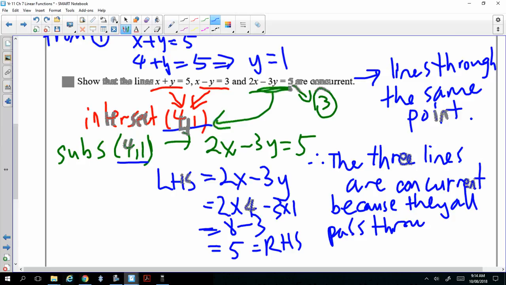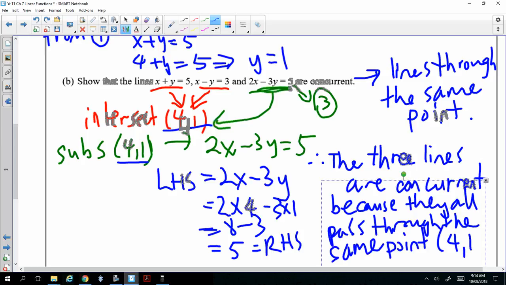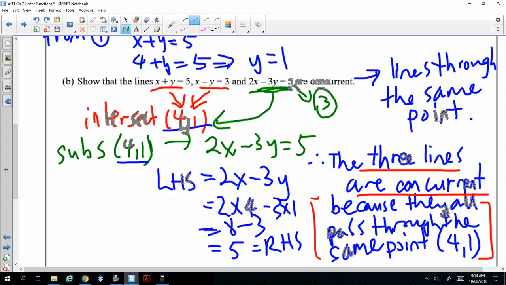And what's the point? 4, 1. I don't have to, but I'm just giving it to you. I think it's enough if you just say a conclusion. But I'll just put it there so that you know why they are concurrent. Because they pass through the same point, 4, 1.